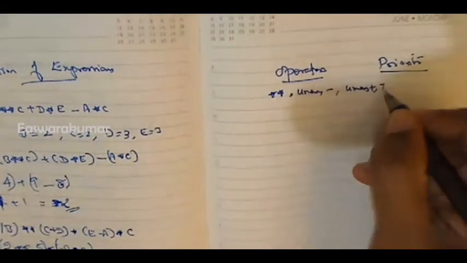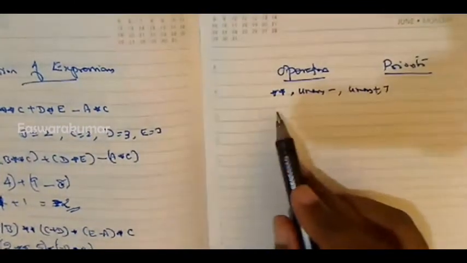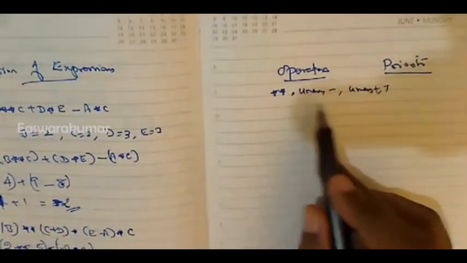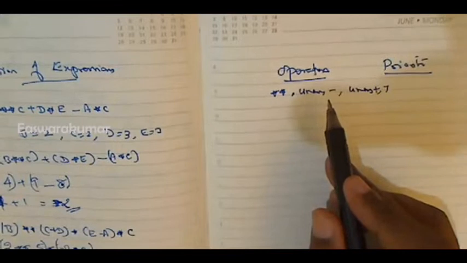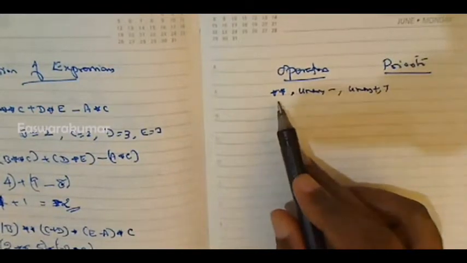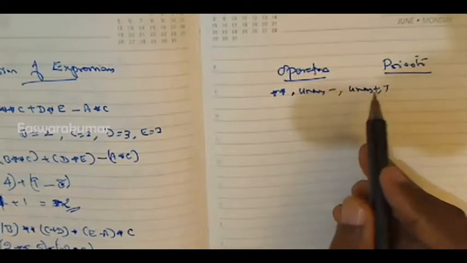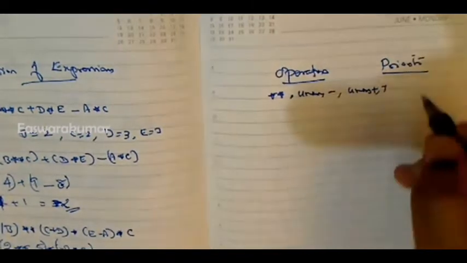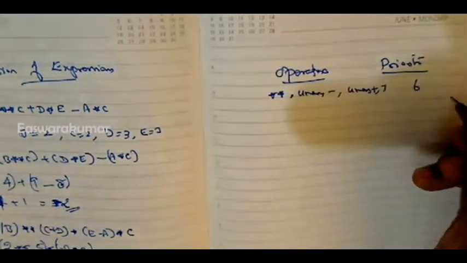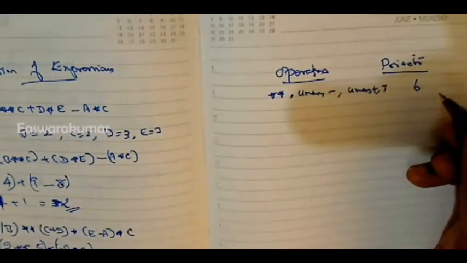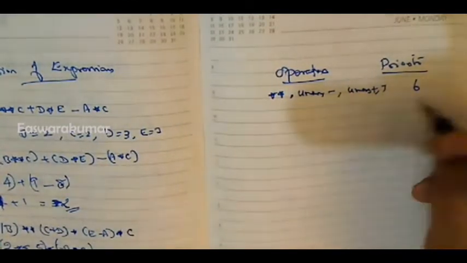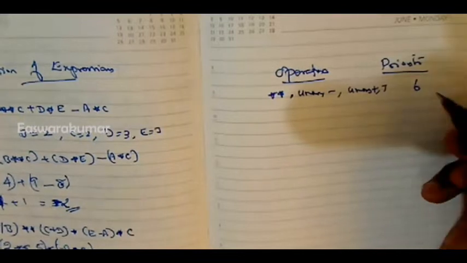Then one more thing, negation. Unary means only one operand will be considered, right? That is star star, unary minus, unary plus, then not. So negation. All these have priority value 6, the highest priority.